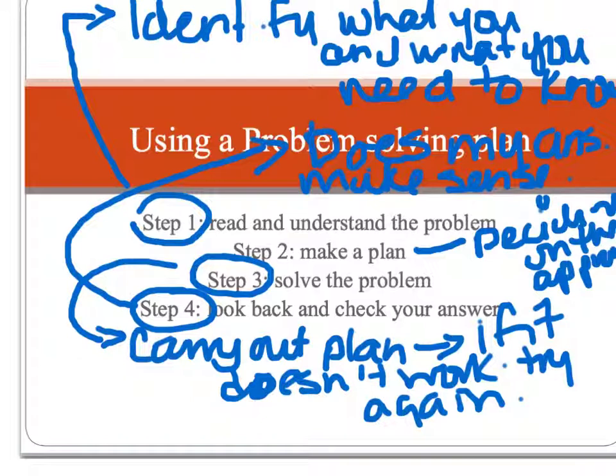How much am I going to need to save over the next 3 months to afford the bike? If my answer says that I need to save $1,000 a week for the next 3 months to save $500, that doesn't make a whole lot of sense. So you want to go back and see, does my answer make sense?